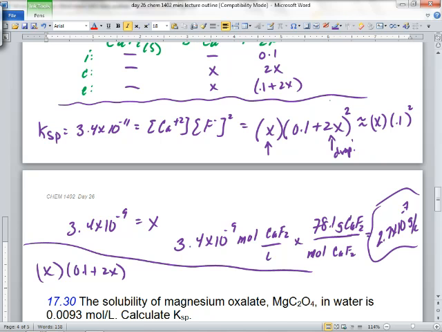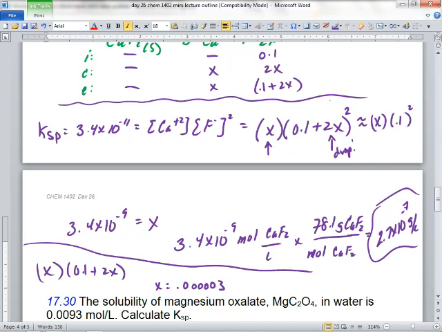Let's say x is really, really tiny so you can drop it, right? Let's put a number in there. If you take 2 times that number, because 0.1 plus 2x, you get all these zeros and a 6. You add it to 0.1 on the calculator, you get 0.1, and then all those zeros and a 6, pretty much still 0.1. Okay? Does that make sense so far? So that's why this guy's okay to drop.